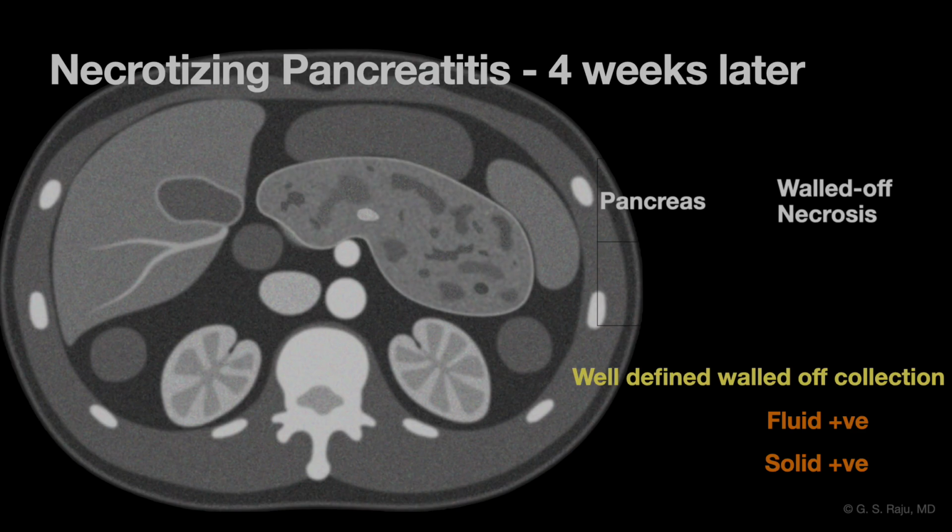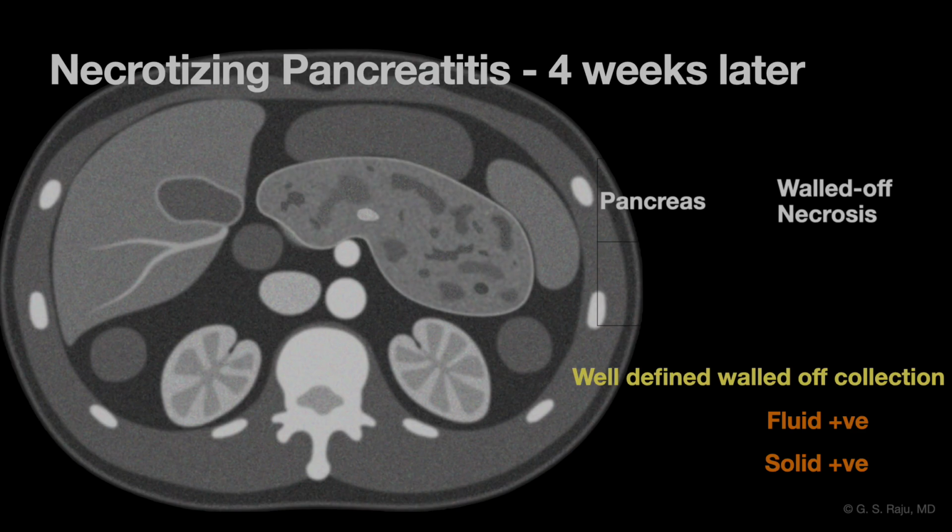If it is fluid plus solid collection, it is necrotic fluid collection. And after 4 weeks, the fluid collection can get encapsulated and create what we call pseudocyst. After 4 weeks, necrotic fluid collection can become walled off and become walled off necrosis.